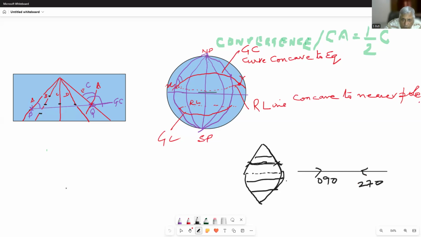And if I continue flying this track, I will come back to my original point after having gone through entire 360 degrees. Only thing is that difference in distance will be there.